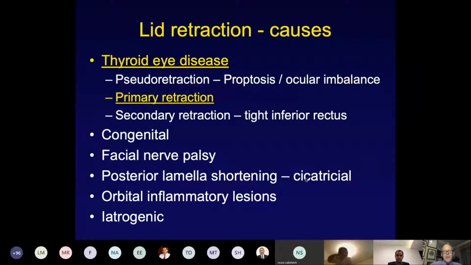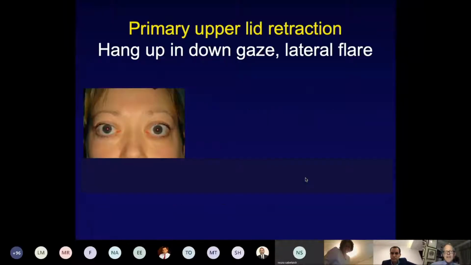Trachoma, of course, is the biggest cause worldwide. And then orbital inflammatory lesions can lead to lid retraction, iatrogenic lesions, and also certain cicatrizing or sclerosing secondary metastatic conditions in the orbit in the levator complex. But most of you, of course, like me, are familiar with thyroid eye disease.